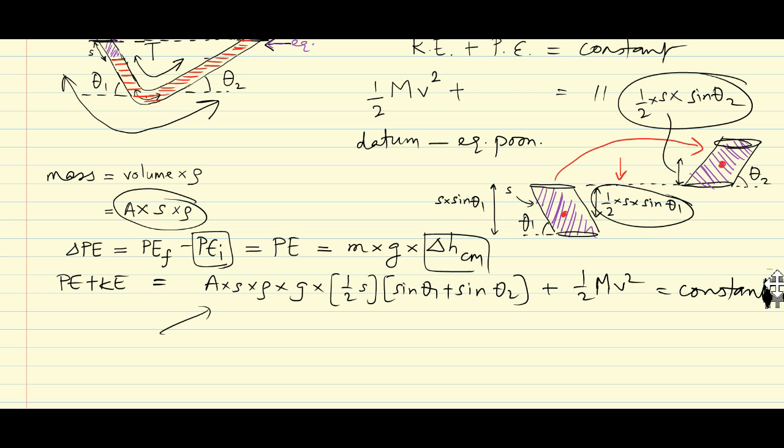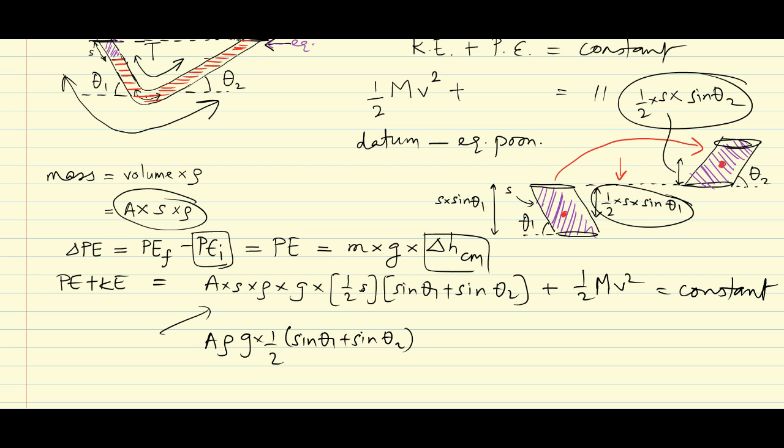Now as usual I differentiate this with respect to time, so I'll just collect the constant terms together. So A is a constant, rho is a constant, G is a constant, half is a constant, sine theta 1 plus sine theta 2 is a constant.